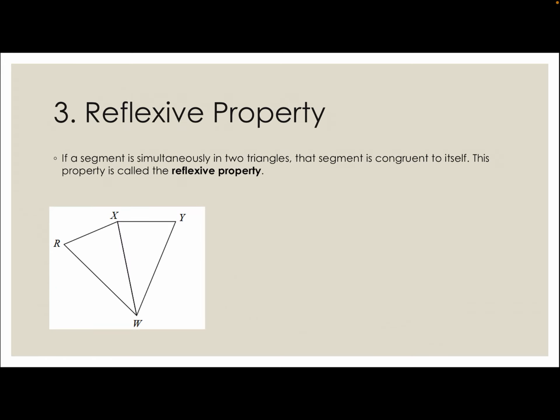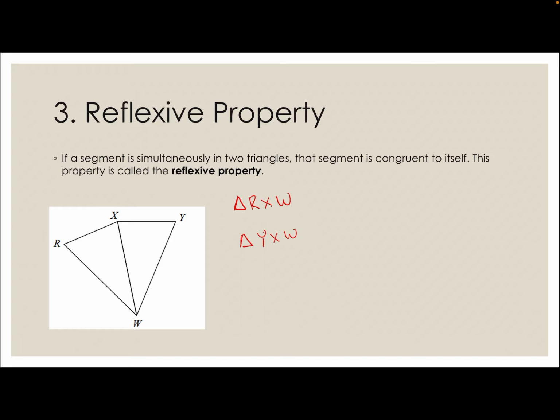We don't get a direct congruence, but we get something that we can assume from that. The last side congruence is the reflexive property, and that's going to occur only when a side is in 2 triangles at the same time. That means the segment is congruent to itself, and we call that the reflexive property. In this picture, we have 2 triangles, triangle RXW and triangle YXW.